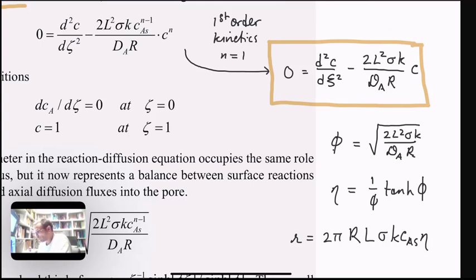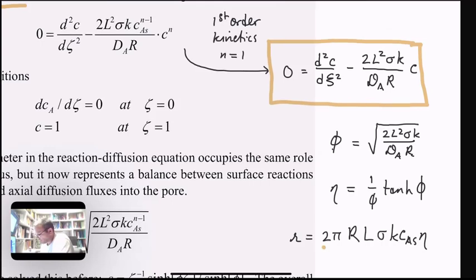And if we're asked what is the rate in a pore like this, with a sealed end and catalyst sites dispersed along the wall of a cylinder and a pore mouth with a concentration of A fixed, then we know that we could just write down what would be the rate in that same pore if it was uniformly exposed to the concentration at the pore mouth, which would be the wall area of the pore, 2 pi r times L, multiplied by the density of active sites on the wall.